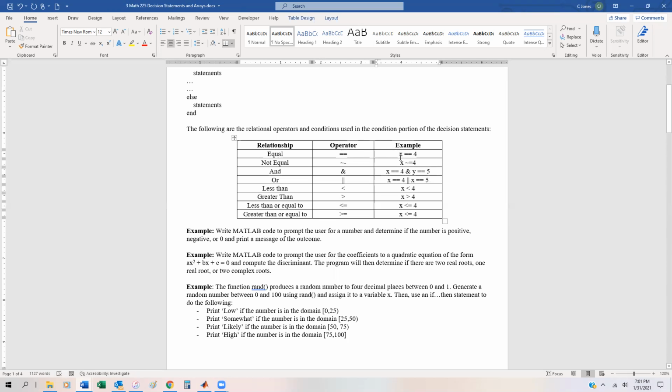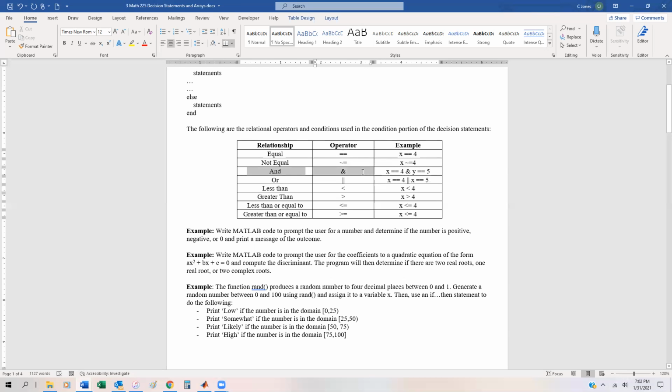So for instance, we have x == 4. So just be careful when you're building your if statements. Just because single equal means assignment as opposed to double equal means that we're looking at Boolean or we're looking at comparison. Not equal is the tilde and then an equal sign. Okay, so we just have to be careful of that.